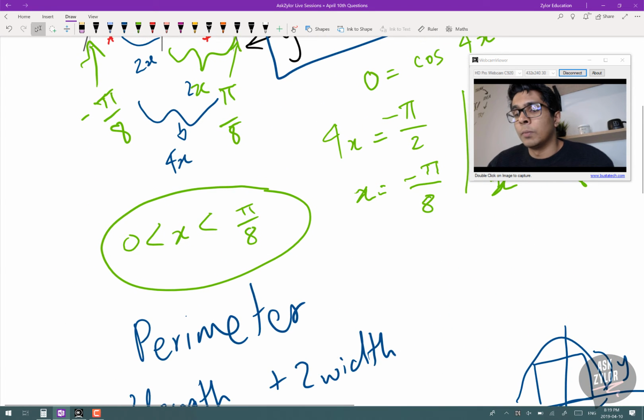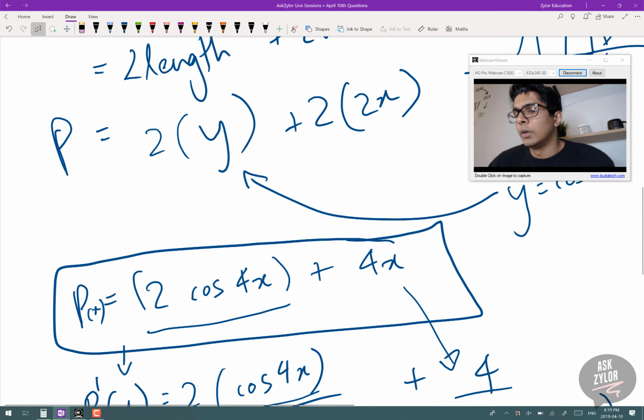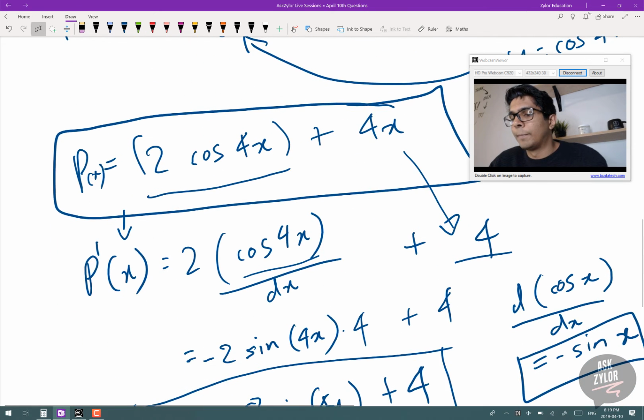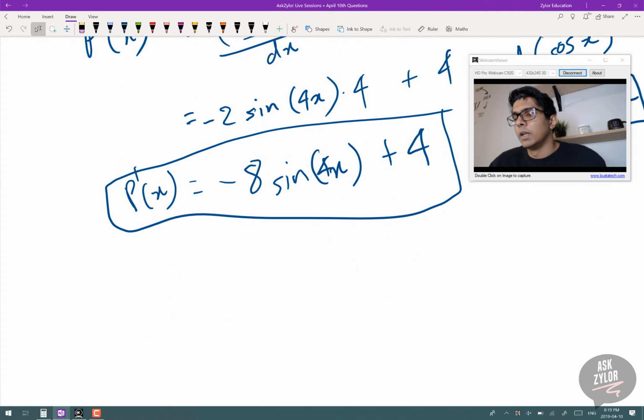So my x value can only be between 0 and pi over 8. Then I came up with an equation for perimeter, which is 2 cos 4x plus 4x. Then I found the derivative of that, which ended up being negative 8 sine 4x plus 4. Right? The next step is to make that derivative equal to 0 and solve for my x values.